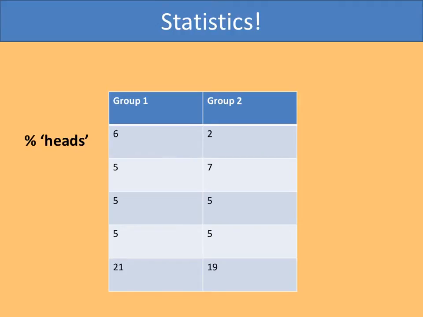Okay, and then remember, we went over this, someone flipping a coin, there's a 50% probability that it's going to come up heads. Each individual flipped the coin 10 times.